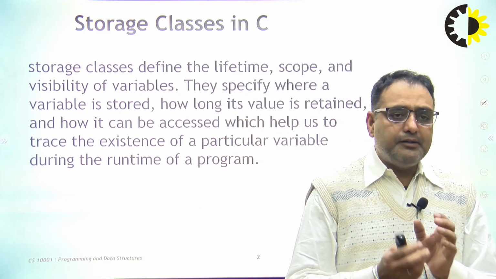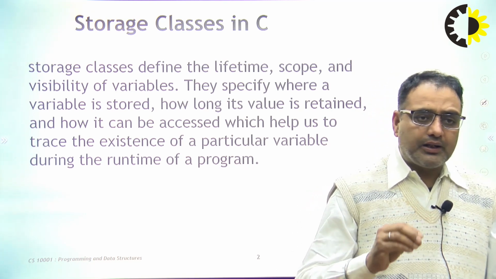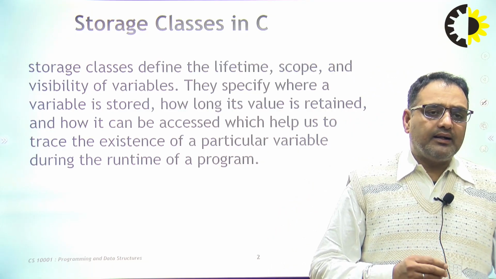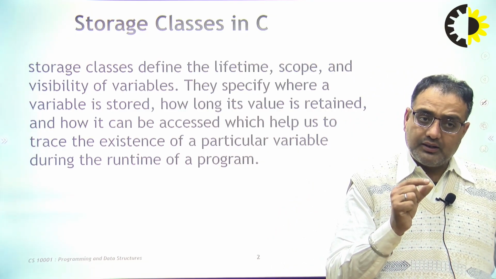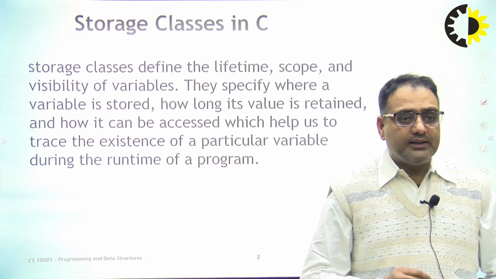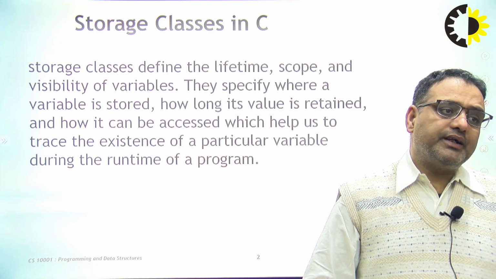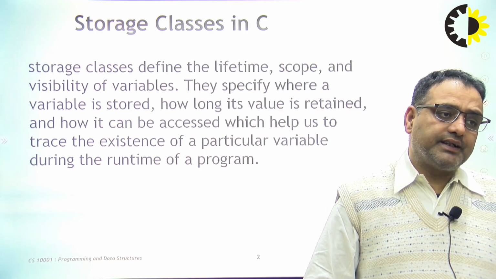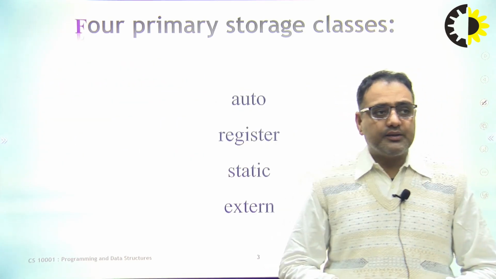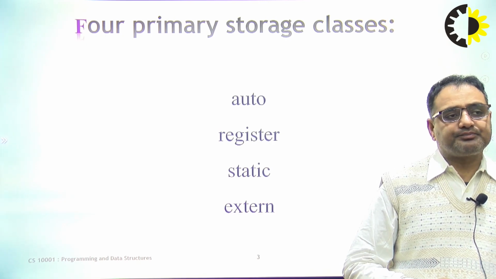This is the time period in which the program goes through different phases, and in these phases the variable is stored in the main memory until the output is generated. How it can be accessed helps to trace the existence of a particular variable during the runtime of a program. There are 4 primary storage classes: auto, register, static and extern.